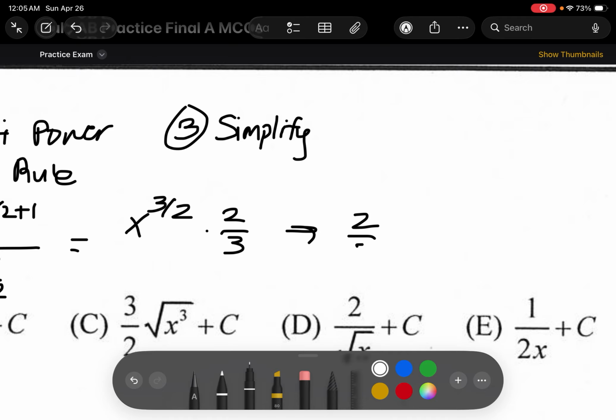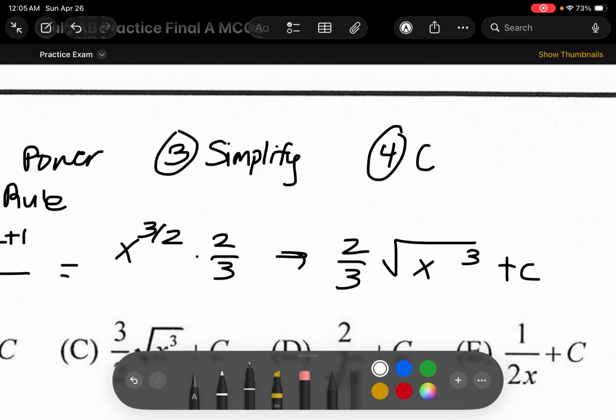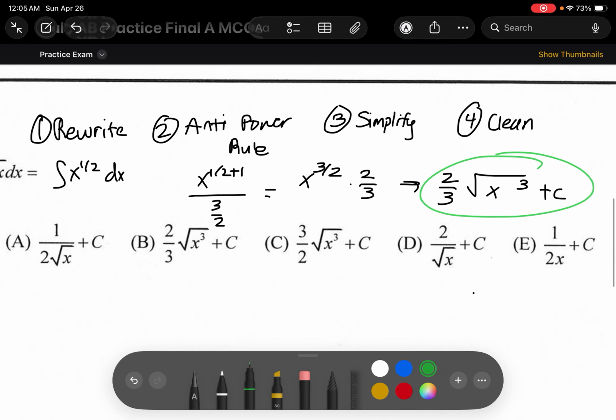Let's rewrite that as a root, x to the 3/2 plus c, because this is an indefinite integral. So your answer is going to be 2/3 x to the 3/2 plus c. So our answer is going to be B.